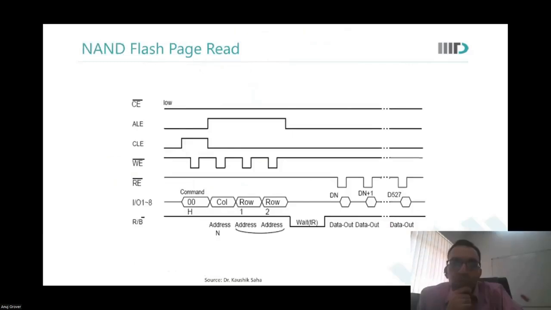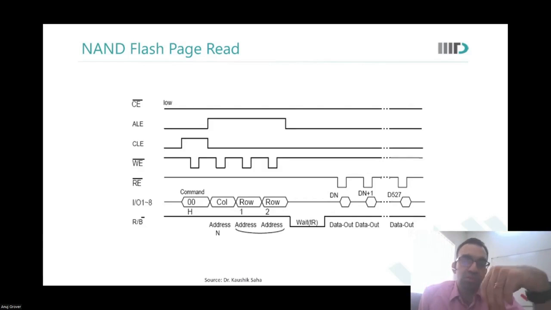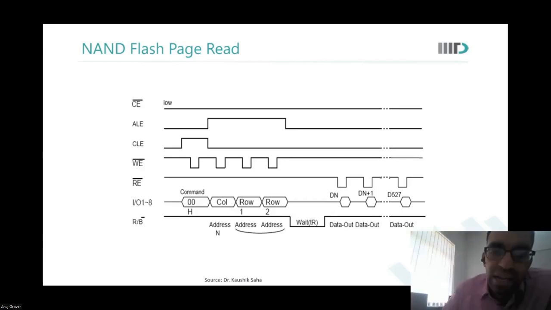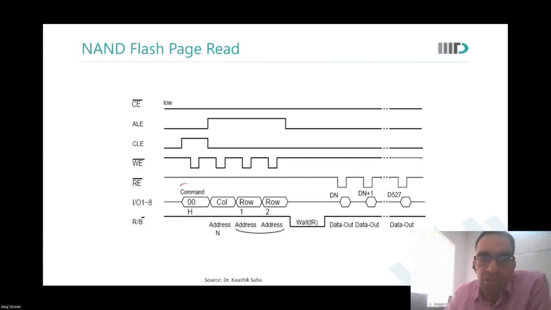Okay. So if we start to look at the timings, chip enable is low. It means your chip is active. Chip enable bar is low, so your cell is active. Then command latch and address latch are coming. When the command latch comes, you start to latch the command on the IOs.